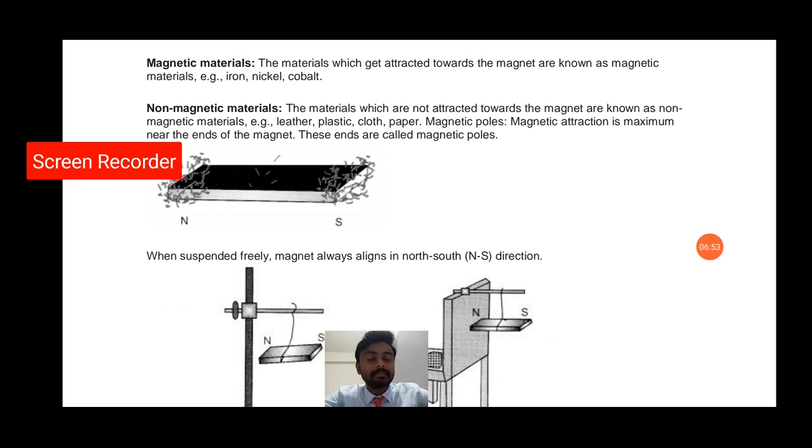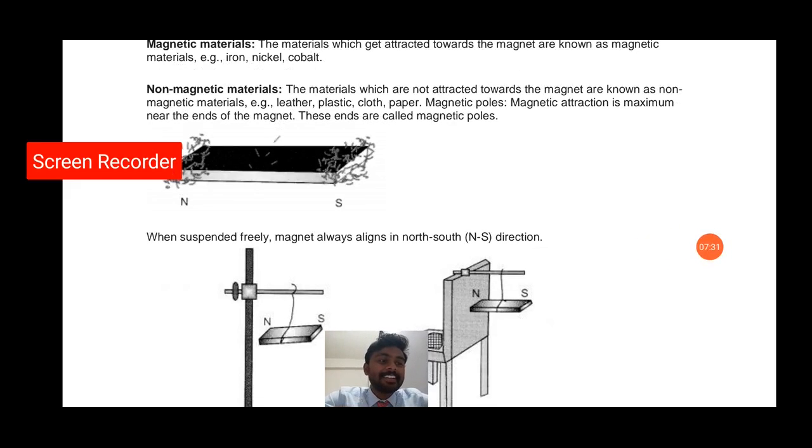Non-magnetic means the materials which are not attracted towards the magnet. All of you understand about magnetic and non-magnetic? For example, leather, plastic, cloth, paper are examples of non-magnetic materials. Okay.